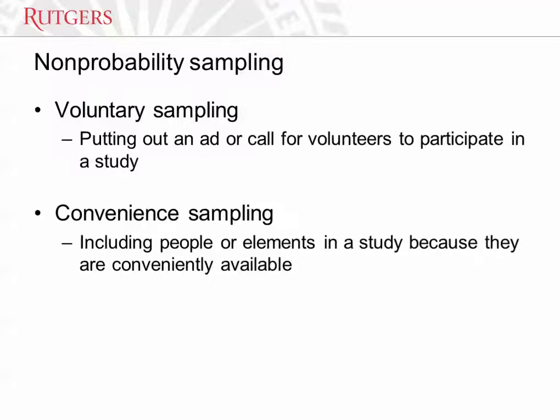This is increasingly done on the internet now, where ads are put on Facebook or Google ads to recruit people into studies. And then there's convenience sampling, which is often done in clinical research or academic studies, where people in the study are chosen because they're conveniently available, like students on a campus or patients in a hospital where the researchers are working. Both forms of sampling bring up the issues of coverage bias and response bias that we talked about earlier.